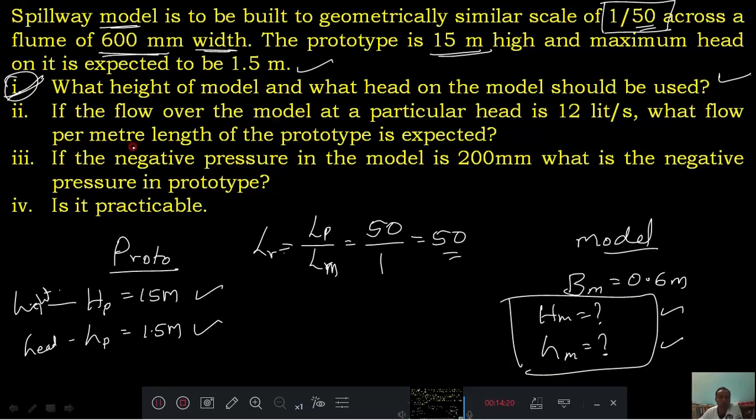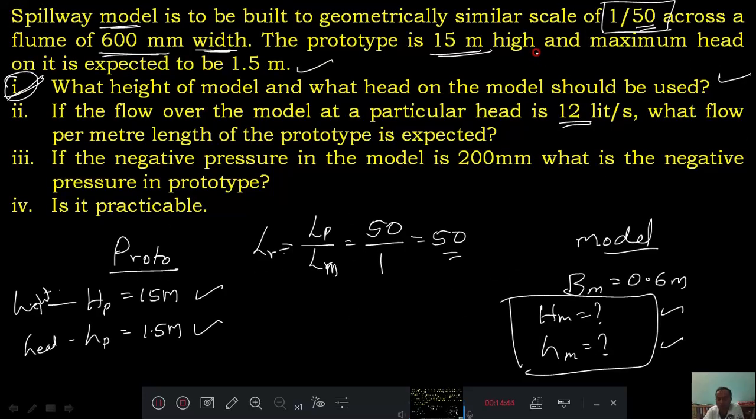Going to the second bit, what they want: if the flow over the model at a particular head is this much, flow over the model is 12 liter per second, what flow per meter length of the prototype is expected. See here the second one, the data we will write.